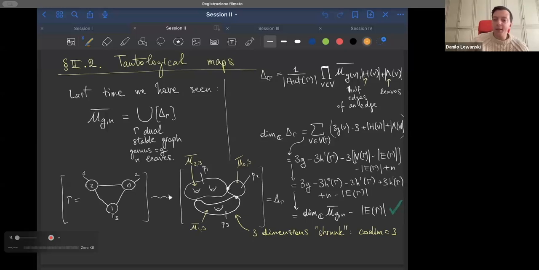And now the dimension of this delta, what is it? Well, it's very simple because it's just a product of these moduli spaces, which are smaller than the ones we're dealing with. And so we can just use the general formula. The general formula is 3 times the genus minus 3 plus the number of mark points. So in this case, the genus is the label of the vertex, the genus of the component.